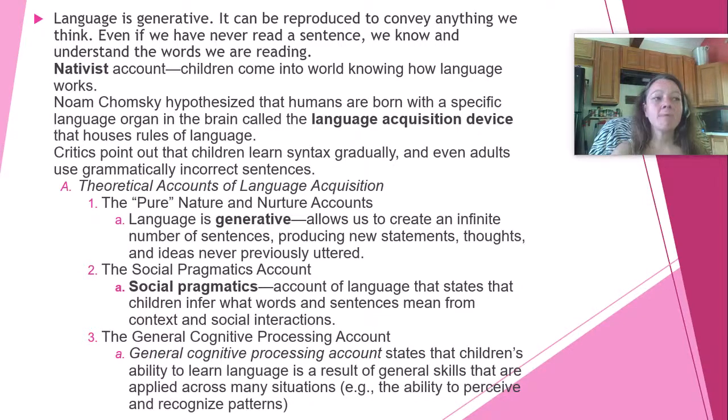And so even if you go into a bookstore and you see a book that you have never read in your life, as long as it's in your native language, you know that when you pick it up and read a sentence you're going to understand what it says, right? Language is also generative in the sense that it can change from generation to generation. It can die out. We can have new languages that emerge. So all of that's a generative process there.